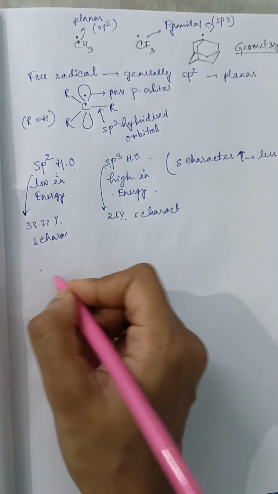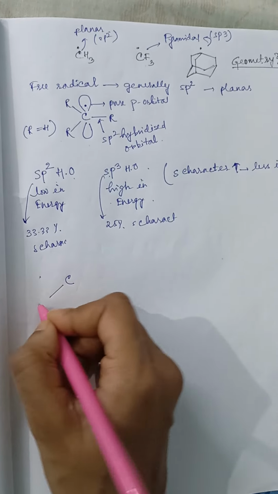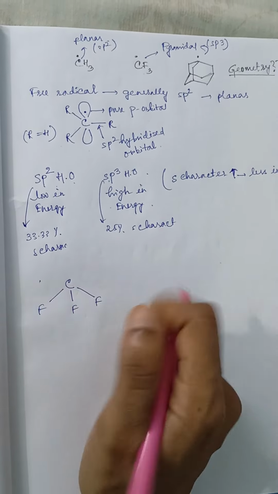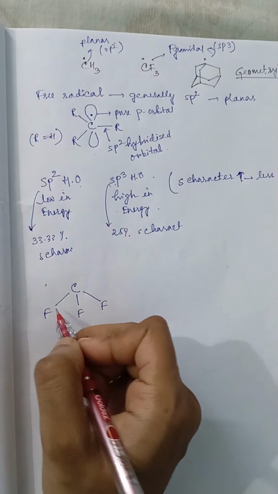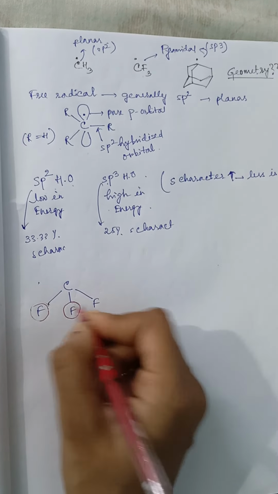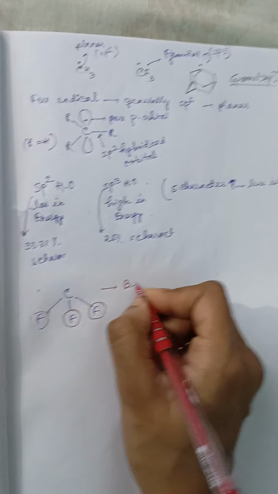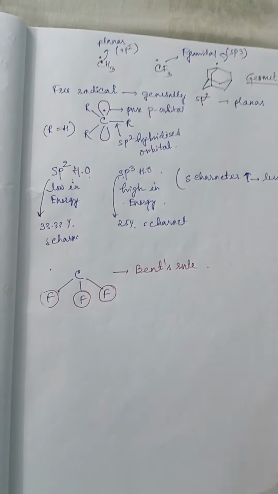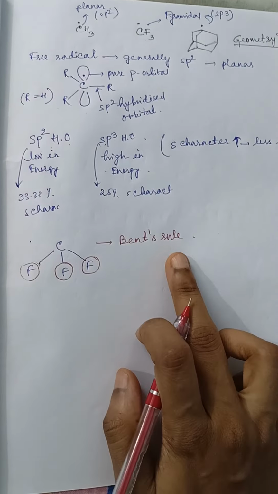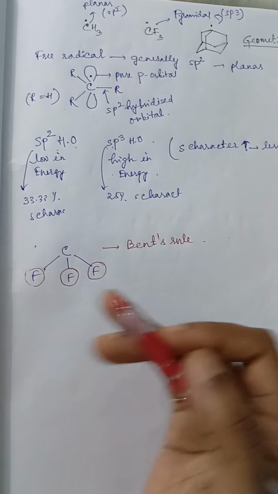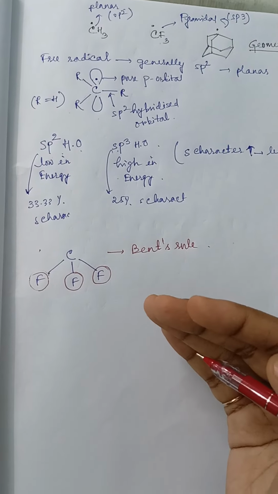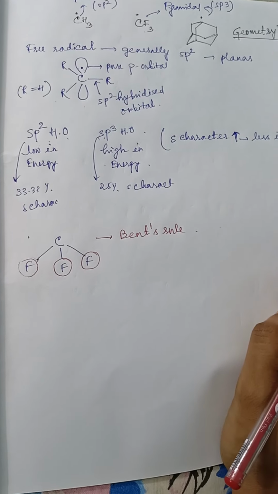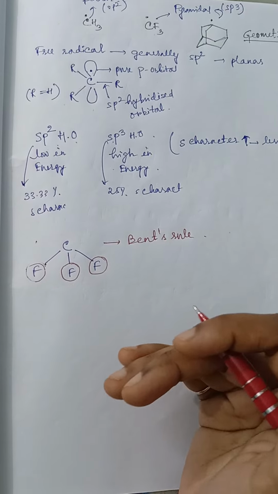Why so? Now see, in CF3 what happens? The fluorine atom is more electronegative. There comes a rule, Bent's rule. According to Bent's rule, the more electronegative atom will always favor the orbital with less electronegativity, that is, less s character.